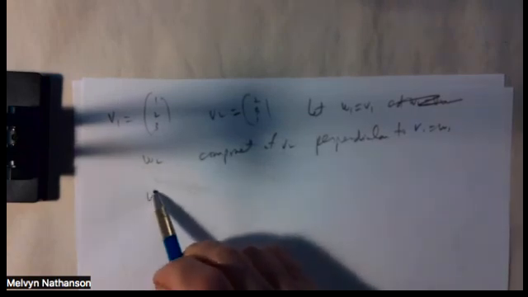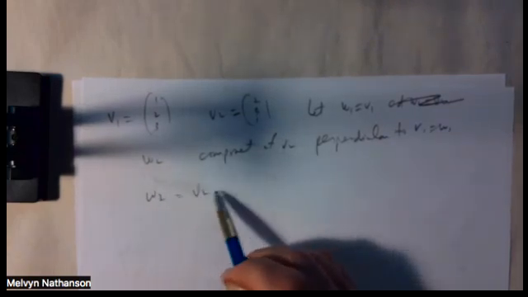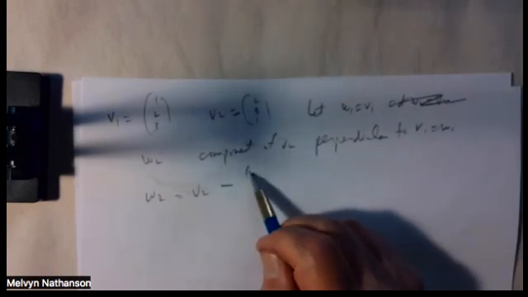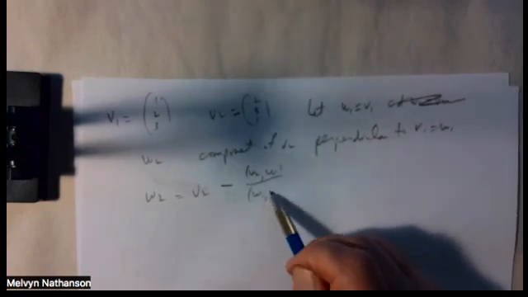So what is W2 going to be? It's going to be V2 minus the inner product of V2 and W1 divided by the inner product of W1 with W1, times W1. This is the component of V2 perpendicular to W1.